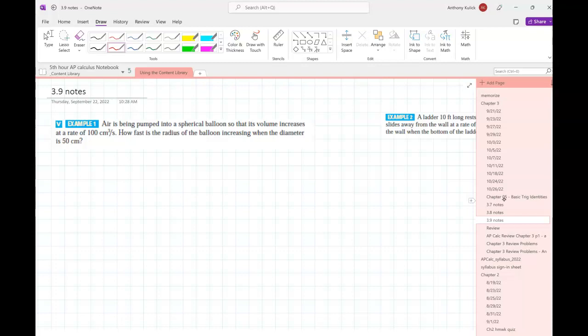3-9. The title for 3-9 is called Related Rates. So in this kind of section, we're going to be solving almost always for the value of a derivative.